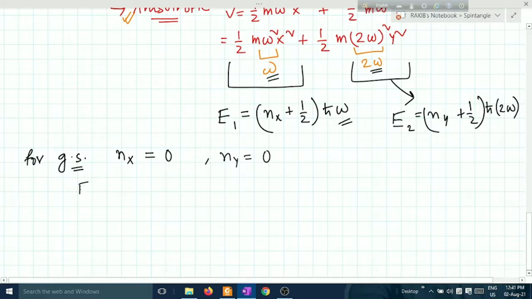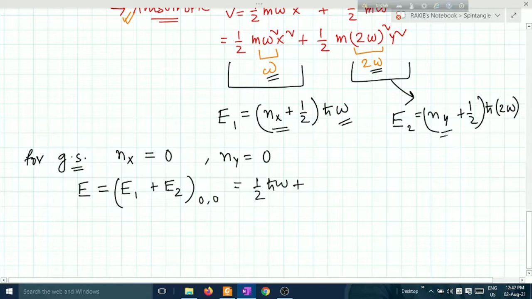Therefore the total energy will be E equals E1 plus E2 at (0, 0). Put 0 in the place of nx: (0 + 1/2) ħω, plus put another 0 for ny.